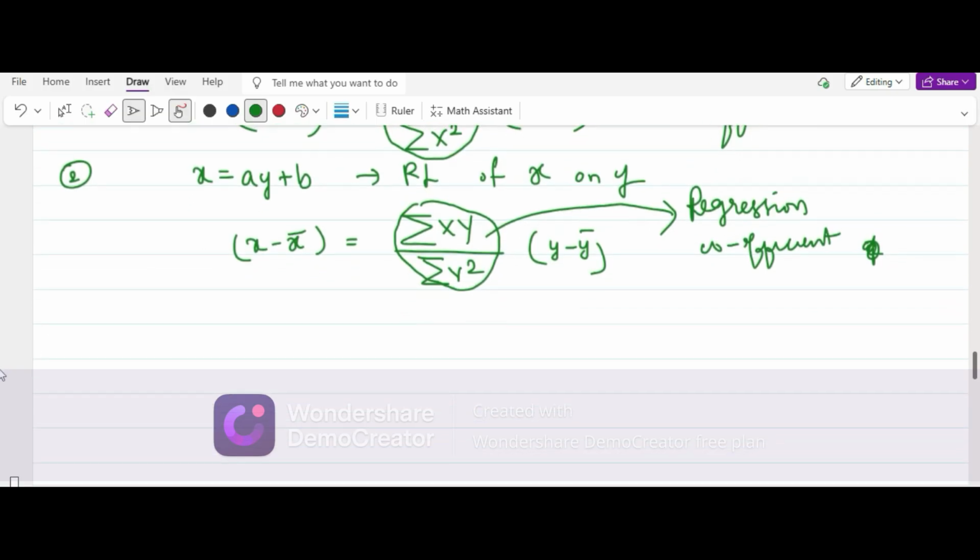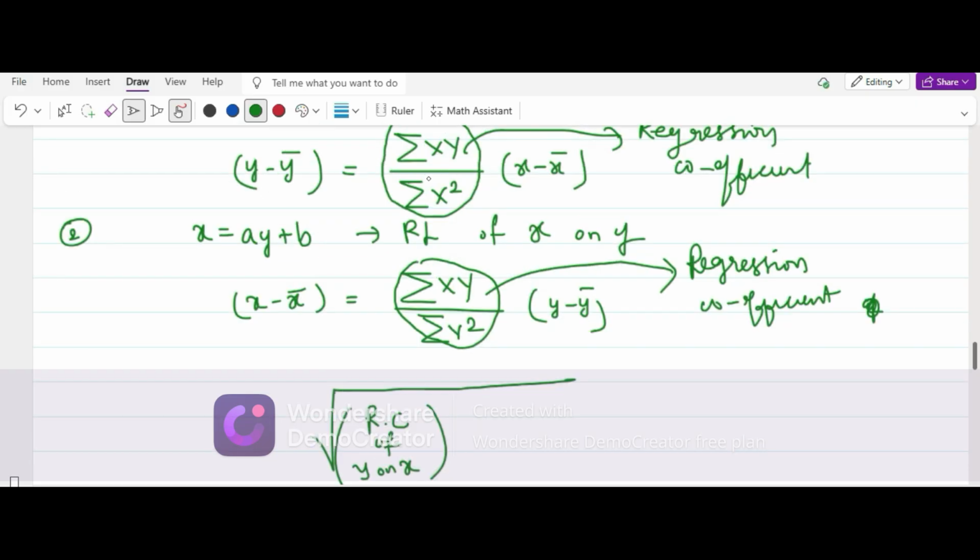If you calculate the geometric mean, that means the square root of the regression coefficient of y on x, summation xy divided by summation x square, into the regression coefficient of x on y, summation xy divided by summation y square, you will get the coefficient of correlation.